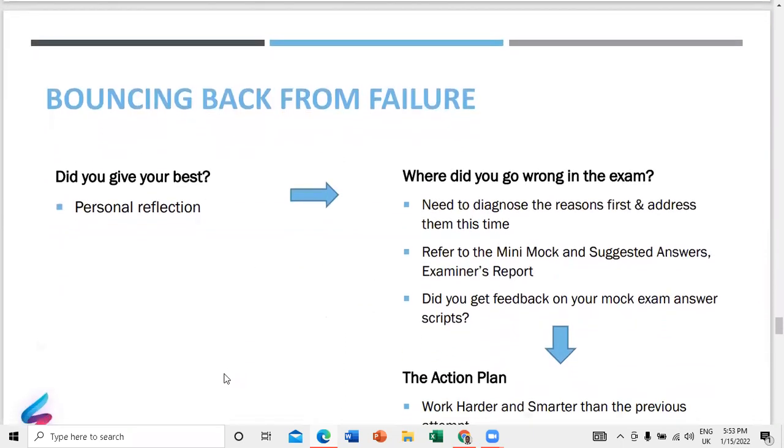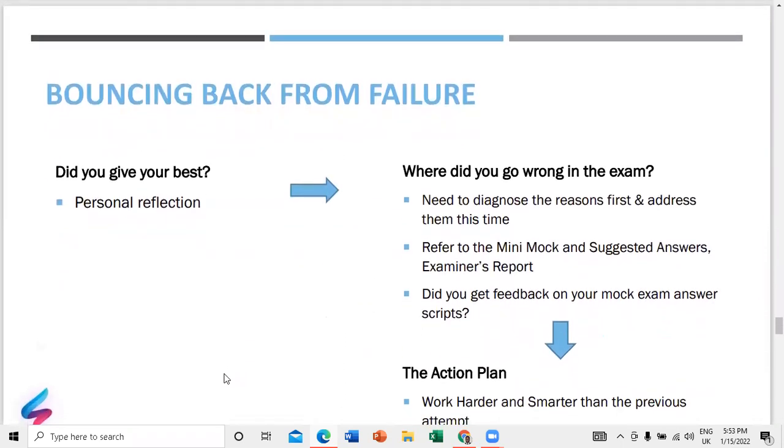Right. So some of you who have attended this session might have failed the exam previously. So first things first, you need to figure out whether you gave your best in the previous sitting or not. So you need to do your own personal reflection. And as part of that personal reflection, you need to figure out where you went wrong in the real exam.